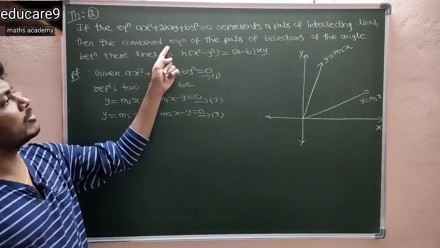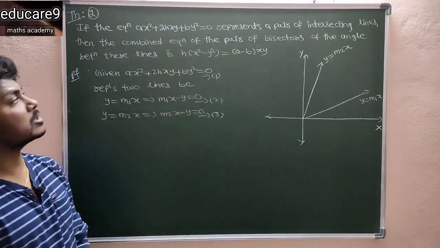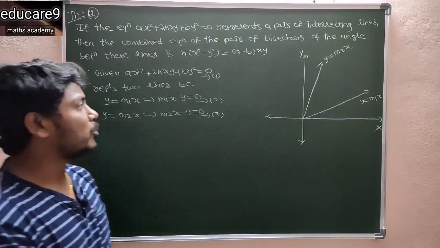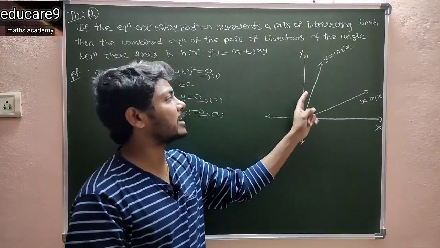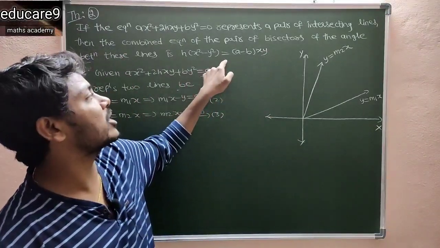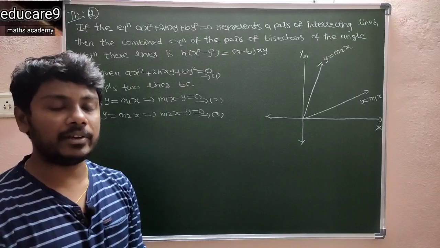Next, the combined equation of the pair of bisectors of the angle between these lines. So you need to prove the angular bisector of these two lines is h into x square minus y square equal to a minus b into x square.